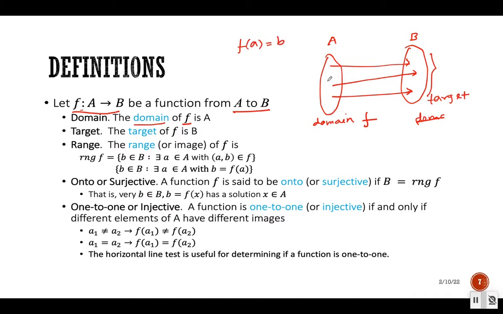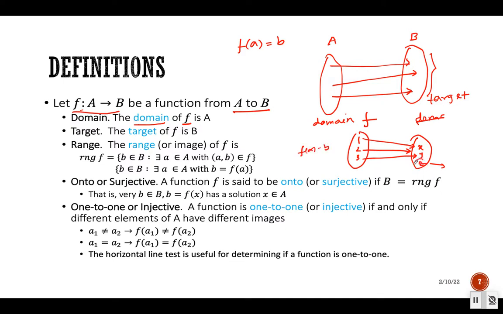Okay, for example, let's see, I have 1, 2, 3, and I have x, y and z. So let's say 1 maps to x, 2 maps to x, and 3 maps to y. Now you can see that there is one element in B, z, for which I do not have any element in A such that f of a equals b.